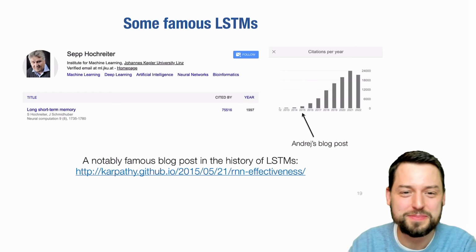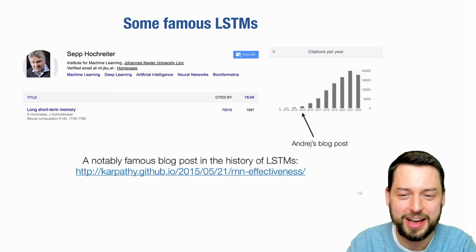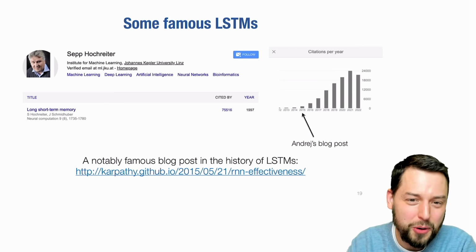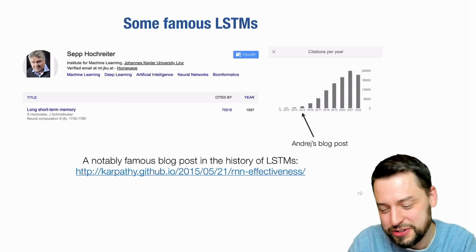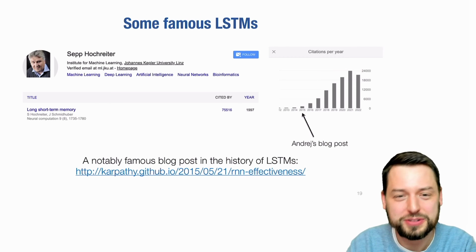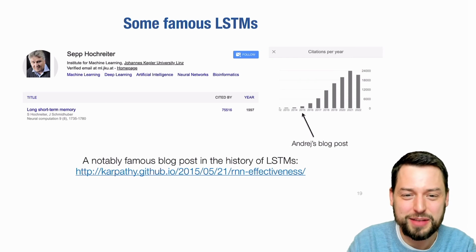I'm mentioning this because it's an important example, but it also shows that things like blog posts can actually have an impact on the field.